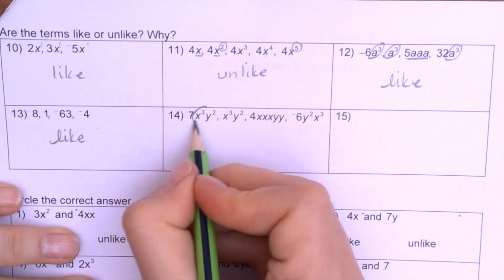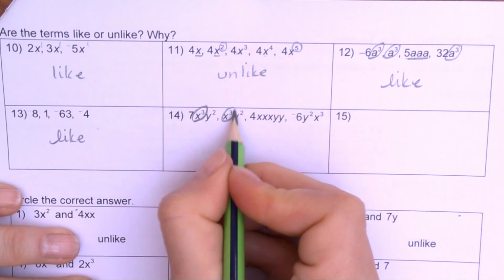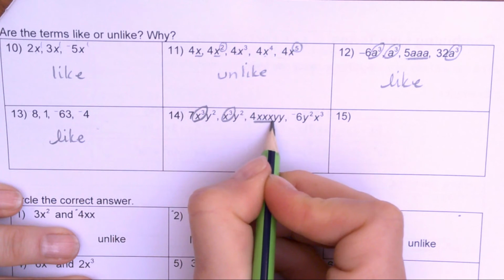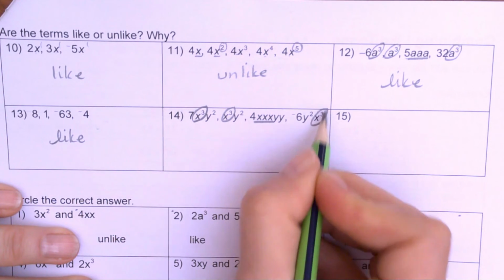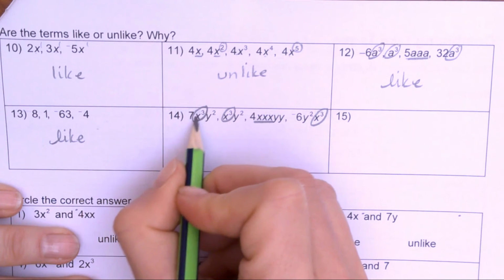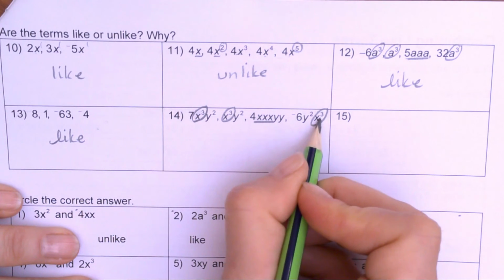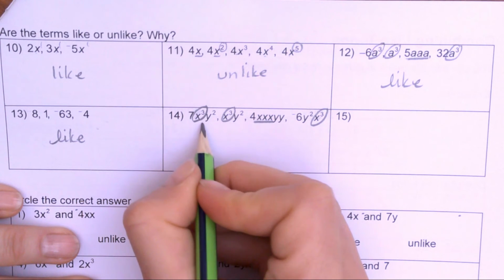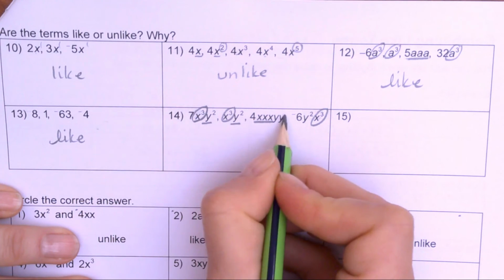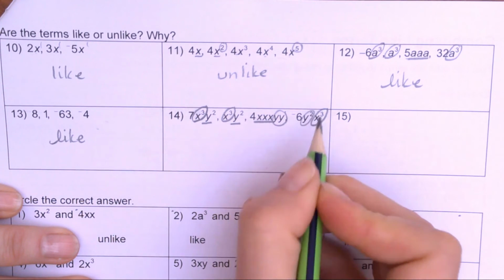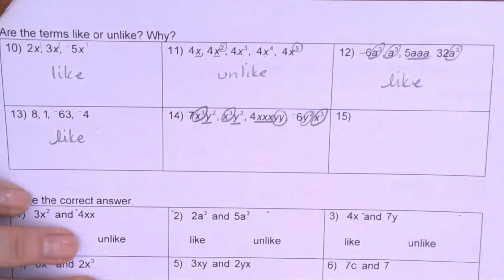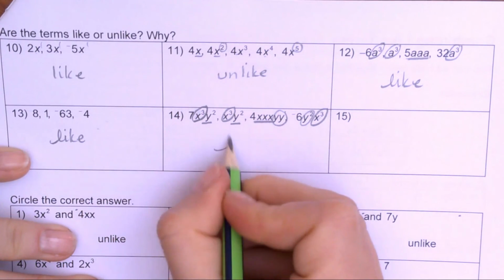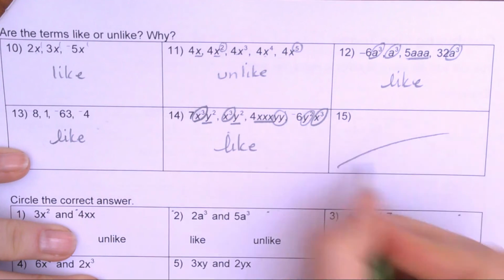Okay, 3 x's, 3 x's, 3 x's, 3 x's. It's okay if the x's are at the front and then they're at the back. Let's check the y's. 2 y's, 2 y's, 2 y's, and 2 y's. So as long as they both have 3 x's and 2 y's, it's okay. So they're like. Nothing here.